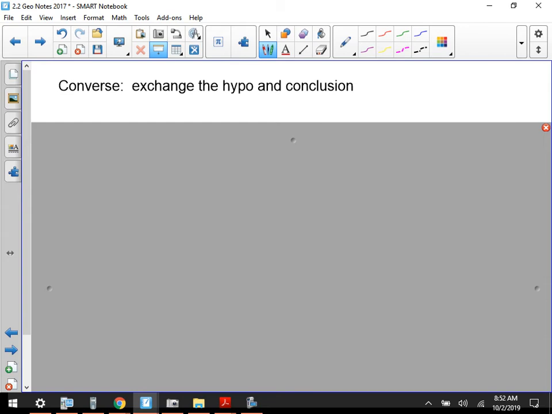Q implies P. So our first statement that we said was our P implies Q. And it was, if lines are perpendicular, then they intersect.